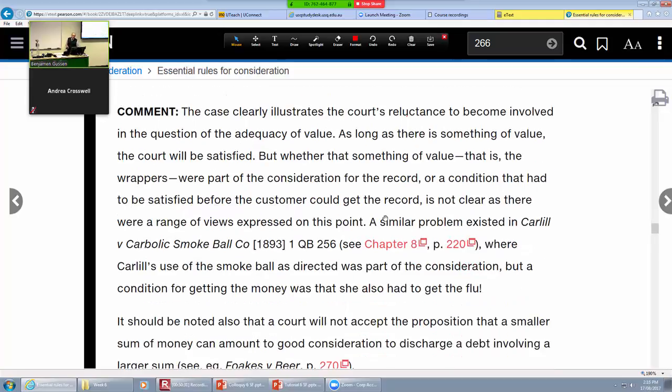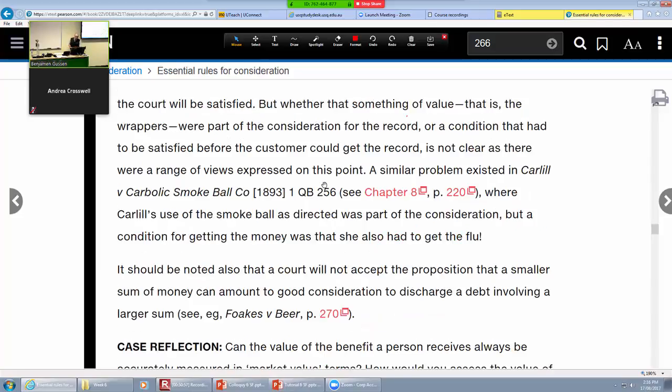So this just simply states that the court is reluctant to become involved in the question of adequacy of value. So the consideration has to have value, it doesn't have to have adequate value. As long as there's some value, the court will be satisfied. But whether the wrappers were part of the consideration for the records or a condition that had to be satisfied before the customer could get the record is not clear, as there were a range of views expressed on this point.